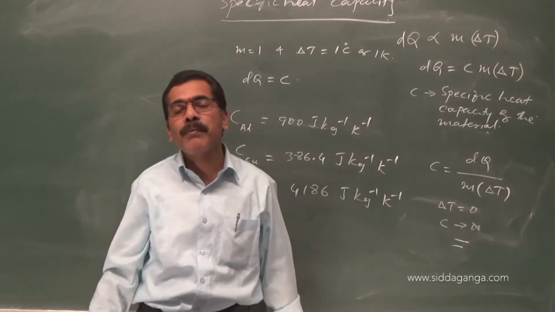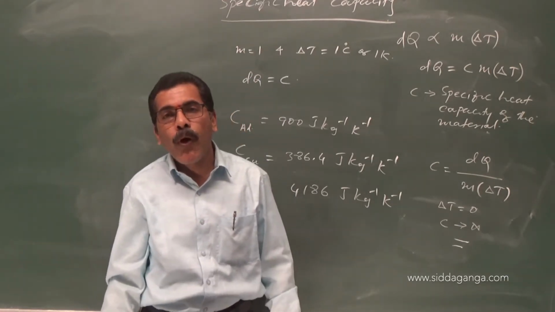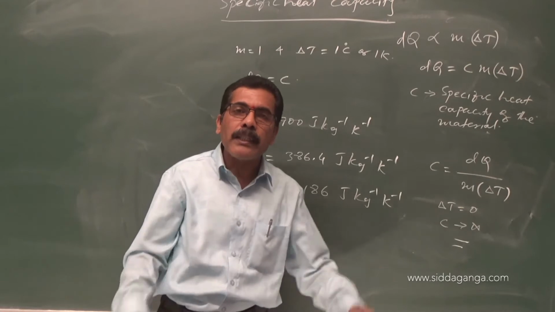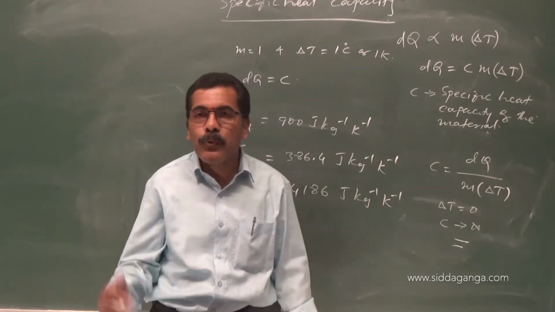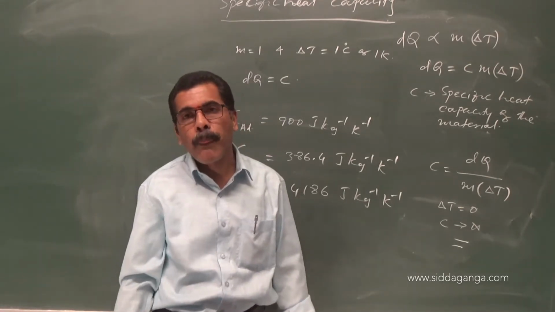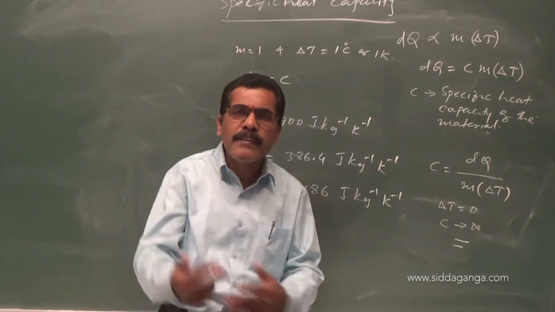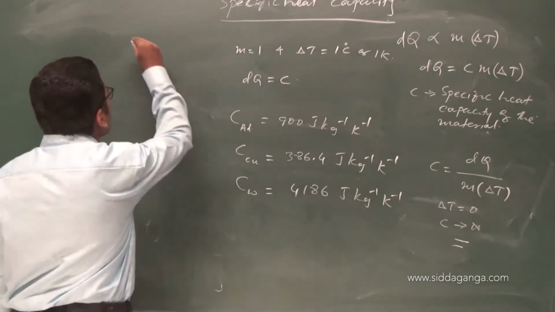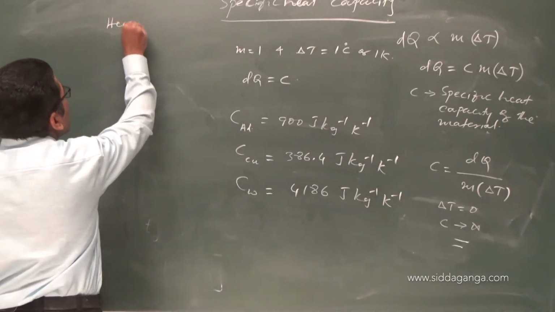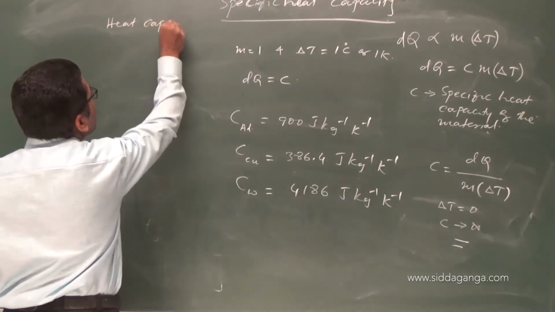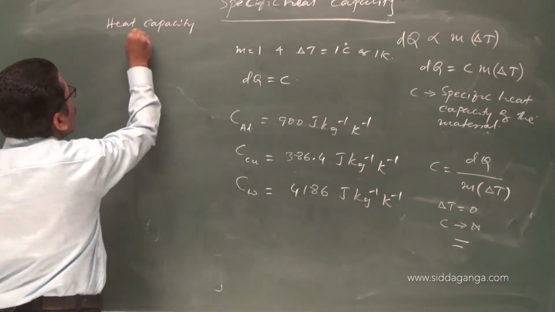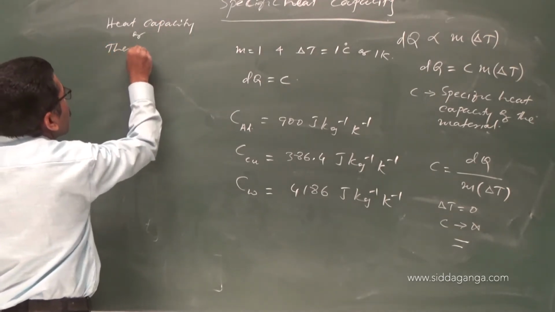Thermal capacity of a body may be defined as the quantity of heat required to raise the whole mass of the body through unit degree Celsius. How much heat is required, that is what we call heat capacity or thermal capacity.